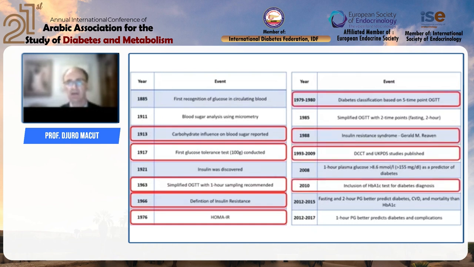In the 80s came the first classification of diabetes based on 5 time points. In the late 80s, Gerald Reaven discovered insulin resistance syndrome, and then we had the first clinical trials, the famous DCCT and especially UKPDS, meaning that the first therapeutic approach was applied, which was metformin at the time.